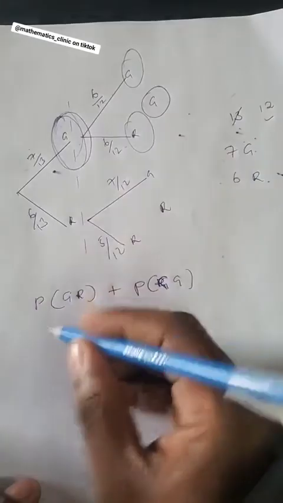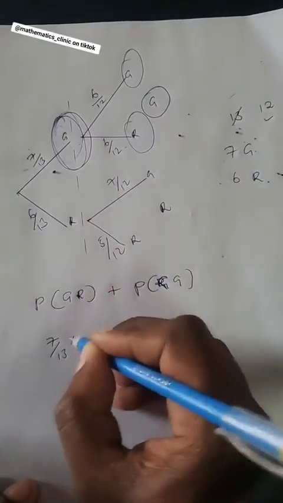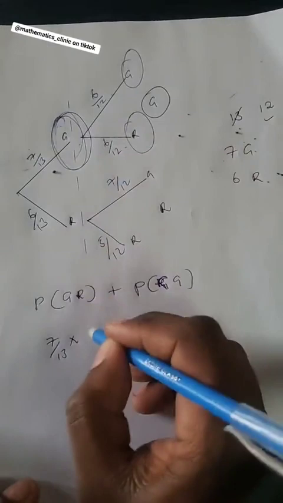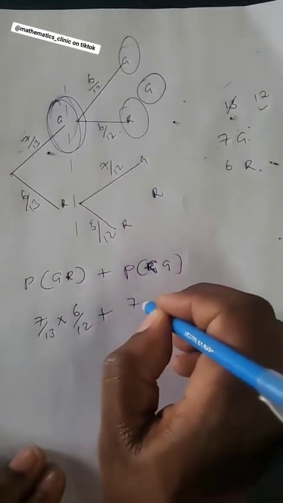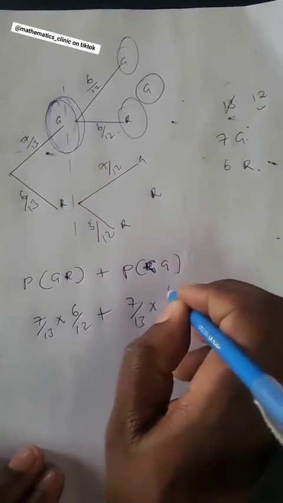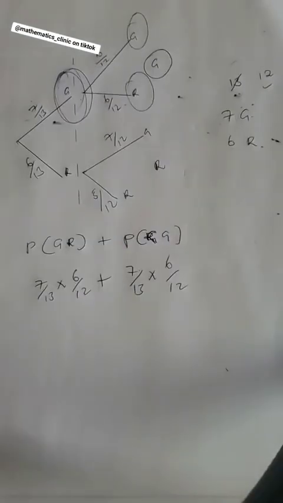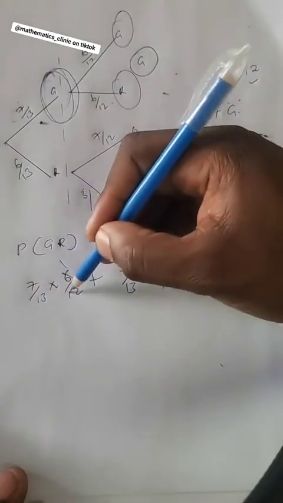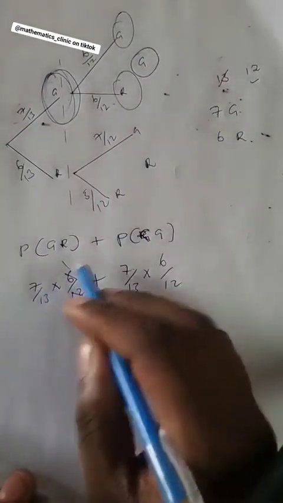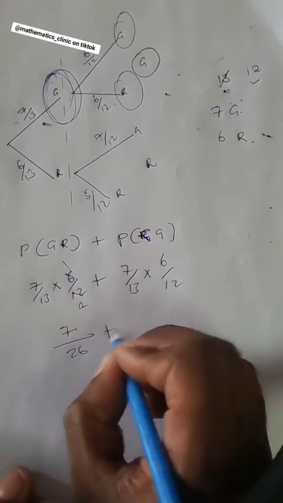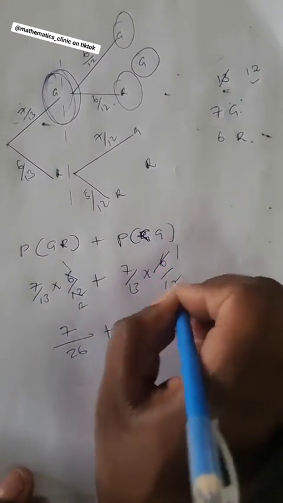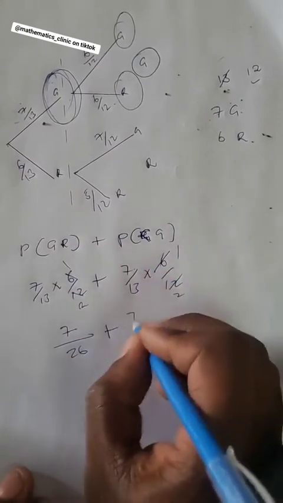So we are going to say 7 over 13 times 6 over 12, plus 7 out of 13 times 6 out of 12. Then we simplify. 6 over 12 is 1 over 2. 7 times 1 is 7 over 13 times 2 is 26, plus 7 times 1 is 7 over 26.